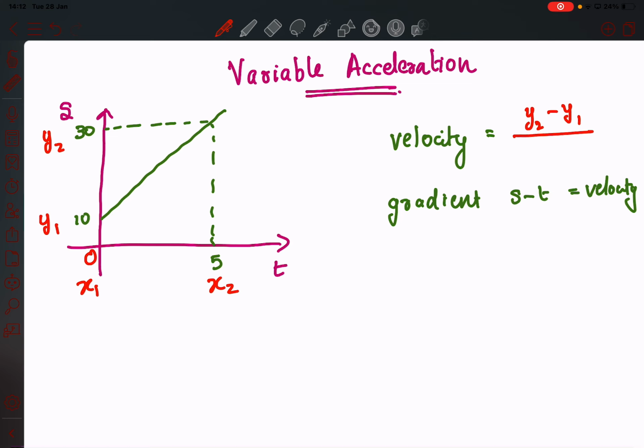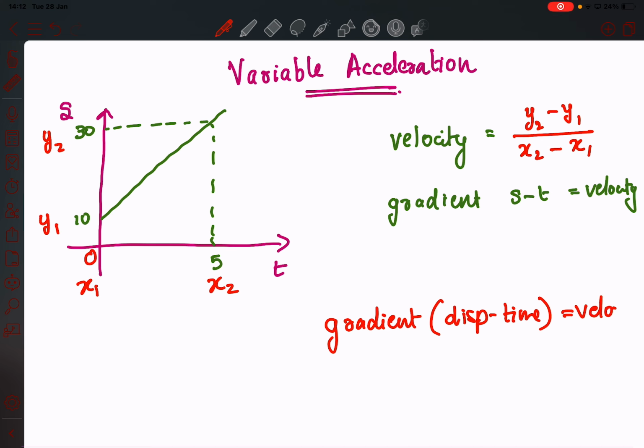The total time I have taken, that would be 5, which is x2 minus x1. Does y2 minus y1 over x2 minus x1 remind you of anything from GCSE? That is your gradient. So the gradient of the displacement time graph gives you velocity.